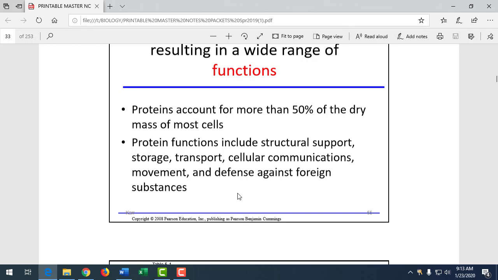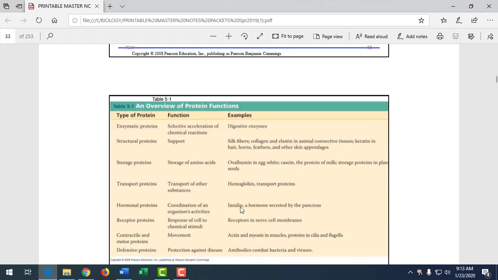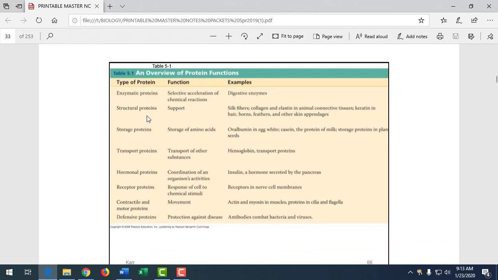So it's important that you know examples. Like I said, enzymes are an important one. And this list here gives us just examples of different proteins. So digestive enzymes are proteins, collagen, anything that we use for structure and support in animals are proteins. Storage proteins we see in egg white, milk, plant seeds, those are storage proteins. Transport proteins, hemoglobin transports carbon dioxide and oxygen, very important.